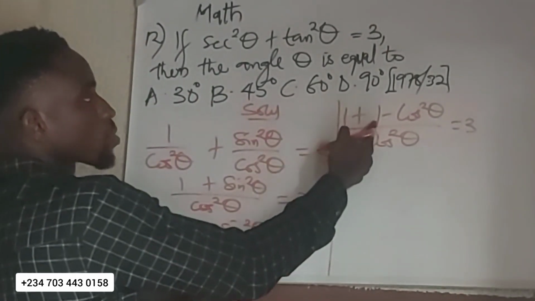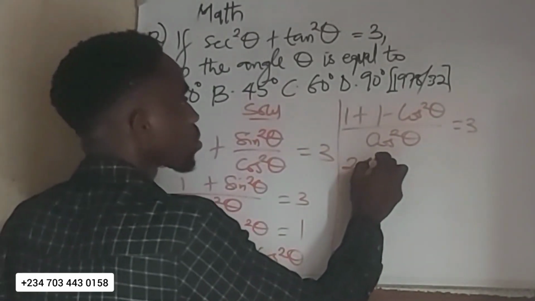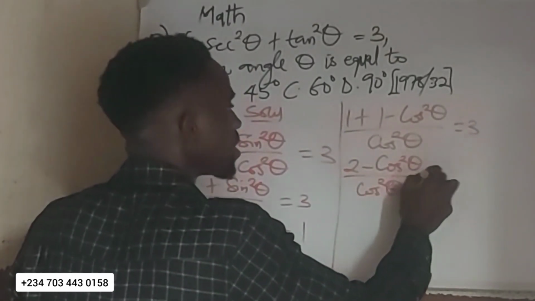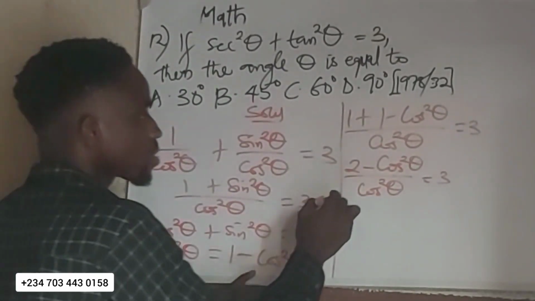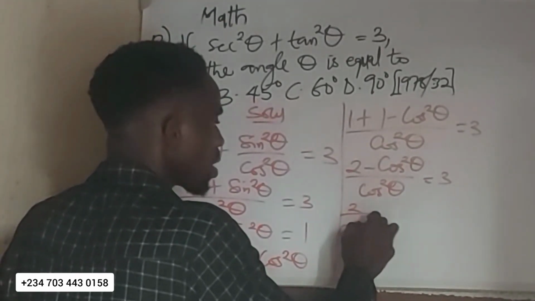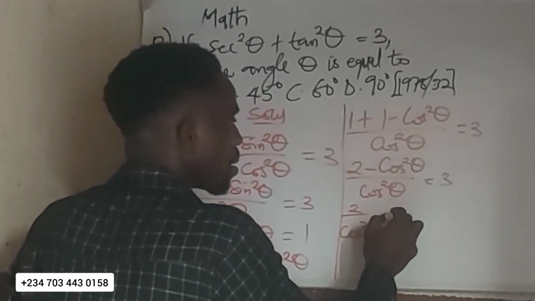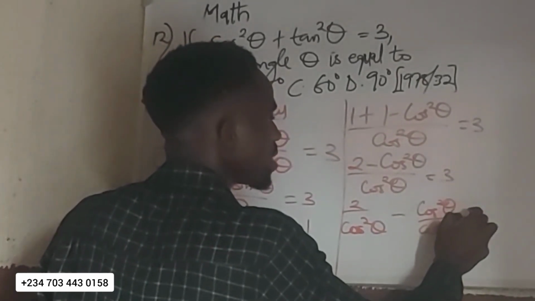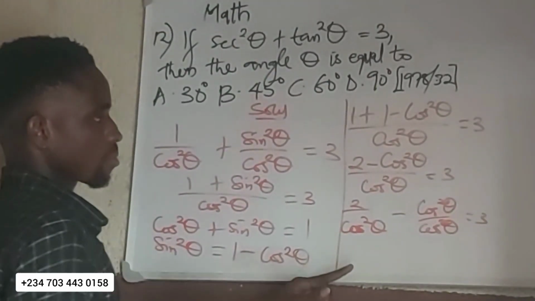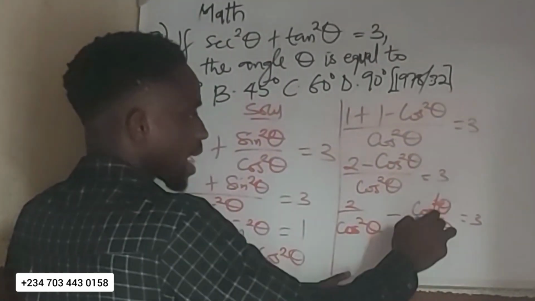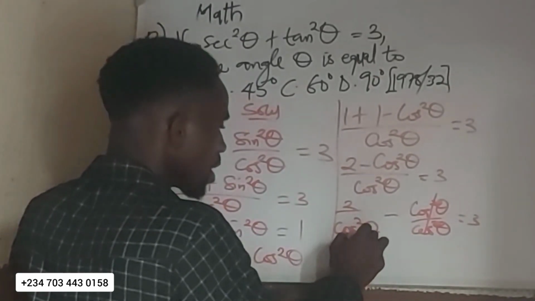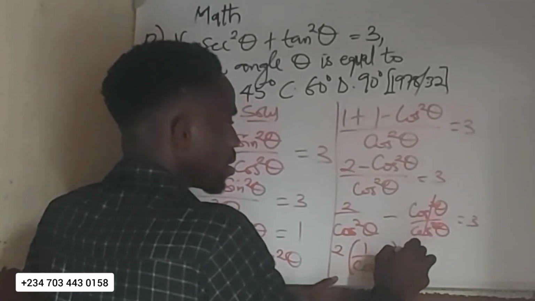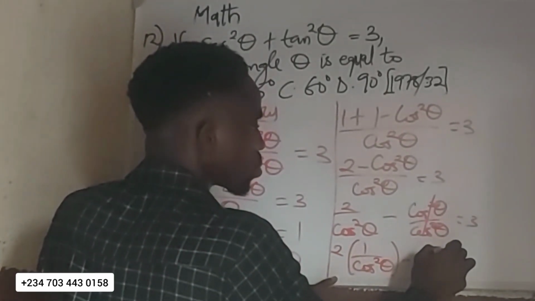Then 1 plus 1 is 2. So we have 2 minus cos squared theta all upon cos squared theta is 3. Then we can split this to have 2 upon cos squared theta minus cos squared theta upon cos squared theta is 3. Then this cancels to give us 1, so we have 2 into 1 upon cos squared theta minus 1 is equal to 3.